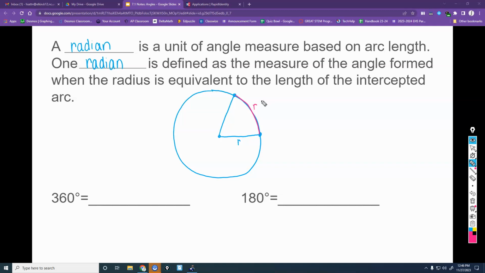So we know there are 360 degrees in a circle, right? So we're pretty familiar with that. But radians are a measure of angles. So that means there's also a set number of radians that have to be in a circle. It should be constant, like 360 degrees. So any ideas on how many radians are supposed to be in 360 degrees?